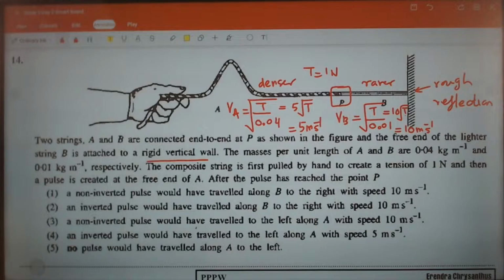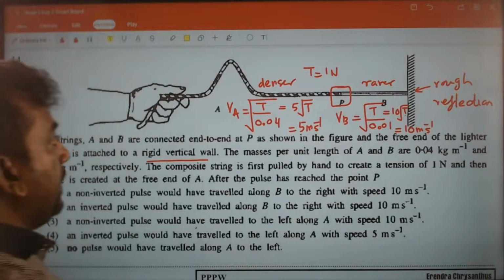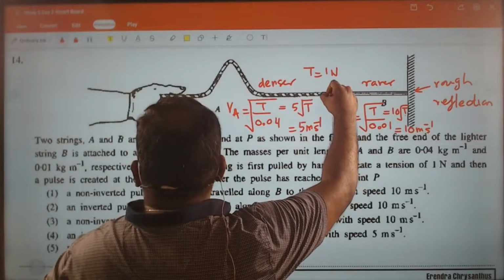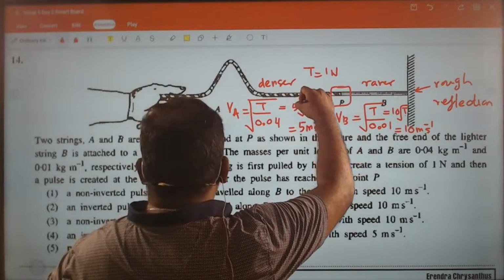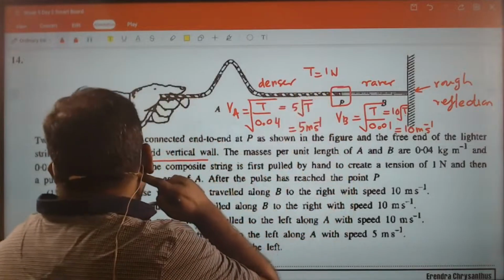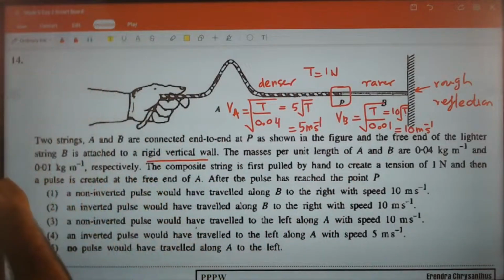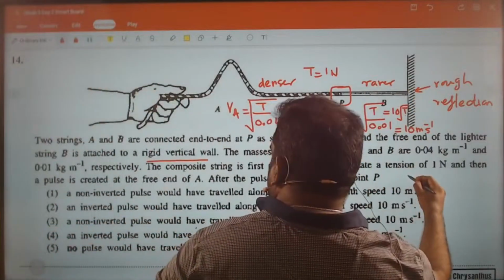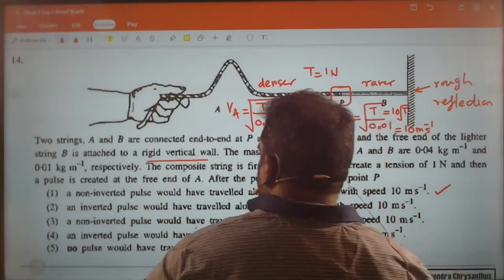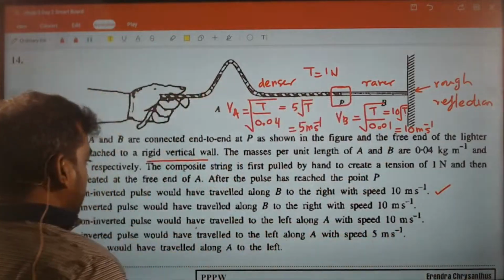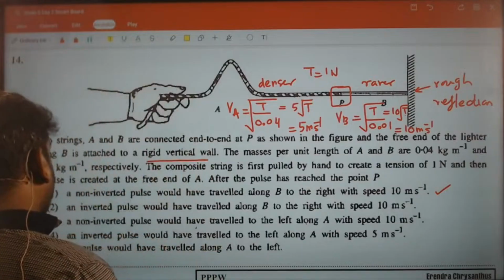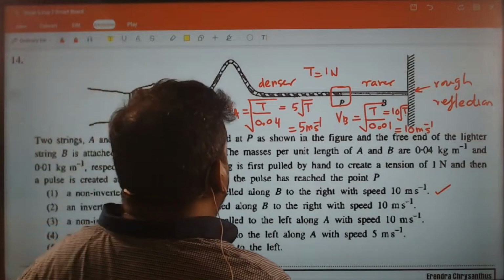So here you can see this wave will come. A non-inverted pulse will travel along B to the right with speed 10. So here speed is 10, this looks correct. An inverted pulse will travel along B to the right with speed 10.